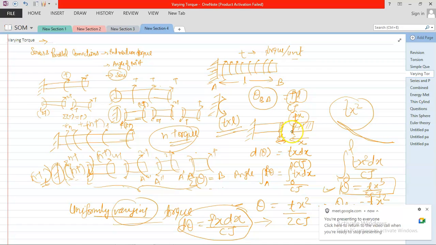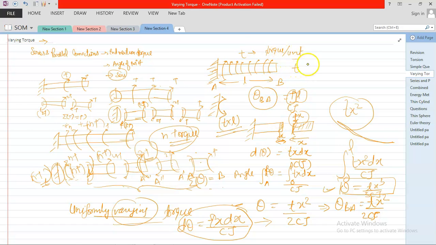Is it okay? Regarding the torque value, I explained here. Suppose I take 3 elements, what will be the end torque? 3T. Now if the torque is divided with the length and you multiply it by x, then the end couple will be Tx.